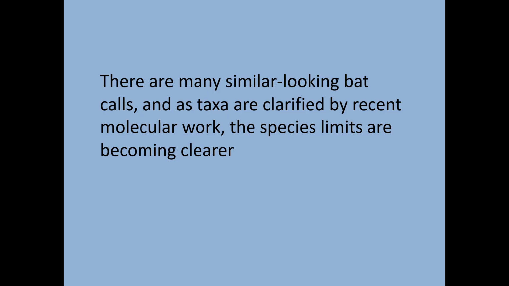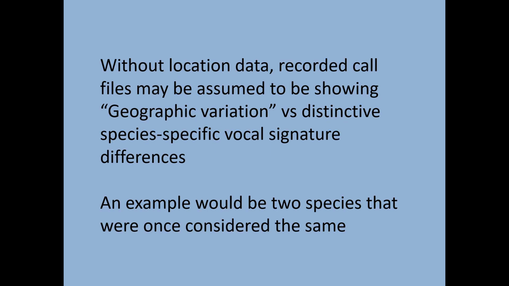There are many similar looking bat calls, and as taxa are clarified by recent molecular work, species limits are becoming clear. Without location data, recorded call files may be assumed to be showing geographic variation, in big quotes, versus distinctive species-specific vocal signature differences.